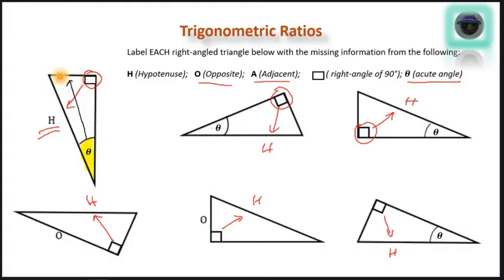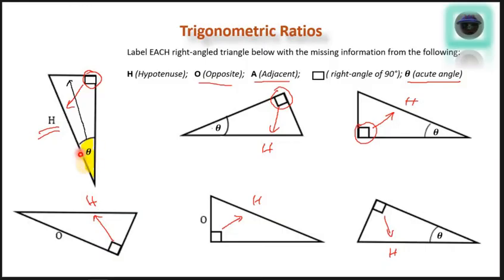In a right angle triangle we already know that this is 90, so the other two must add up to 90 to give us 180, which makes these two less than 90 each. And therefore, being less than 90, they are called acute angles.